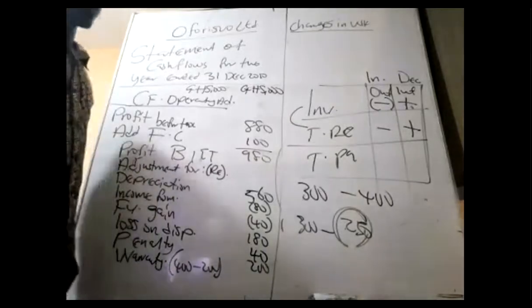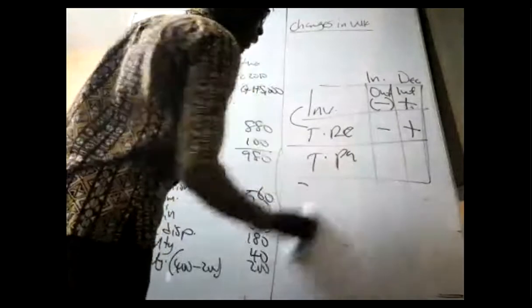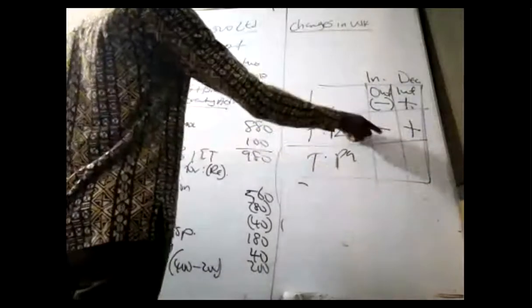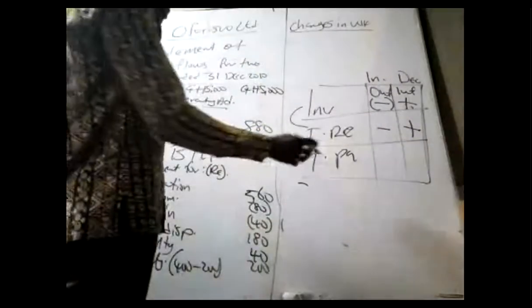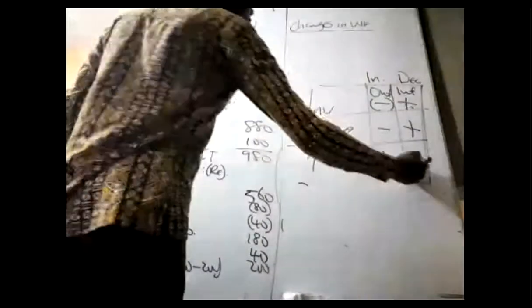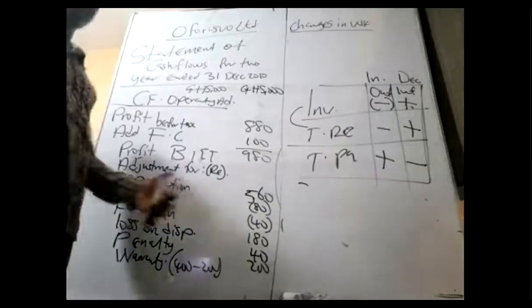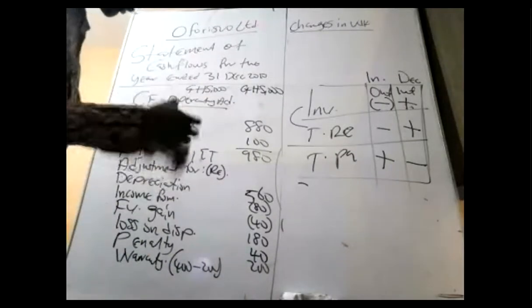We are done. Now let's go to payable. Payable is just the opposite of receivable. So if receivable increases, it is an outflow; payable becomes good news, an inflow, and a decrease becomes negative. You don't need to learn everything, just learn the first one and be correct.